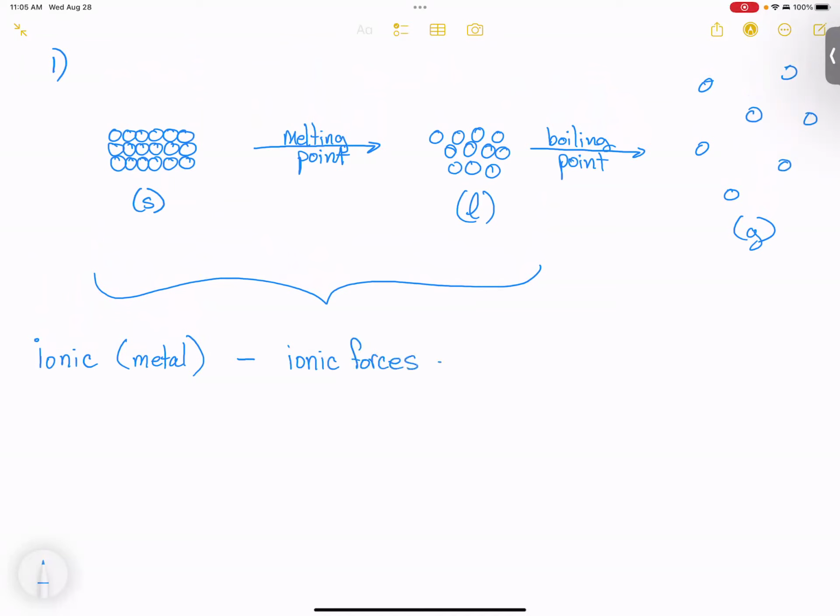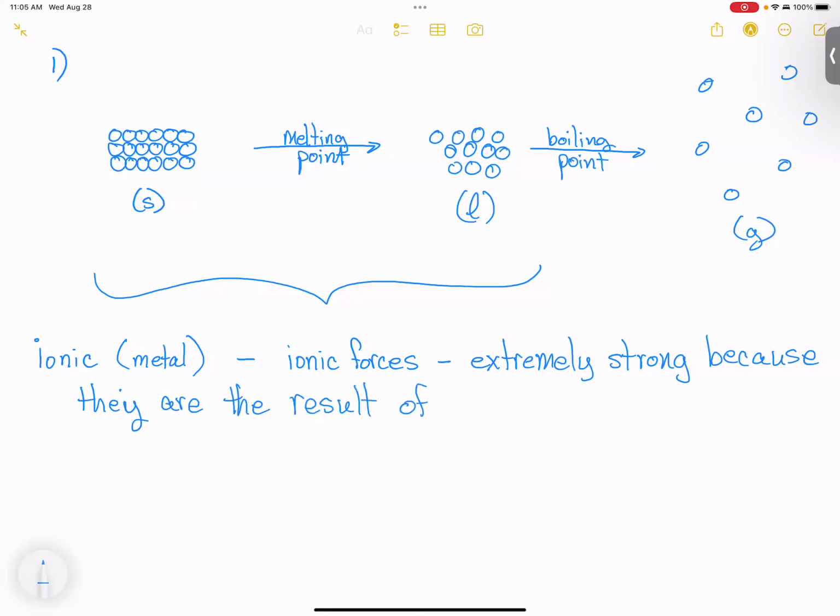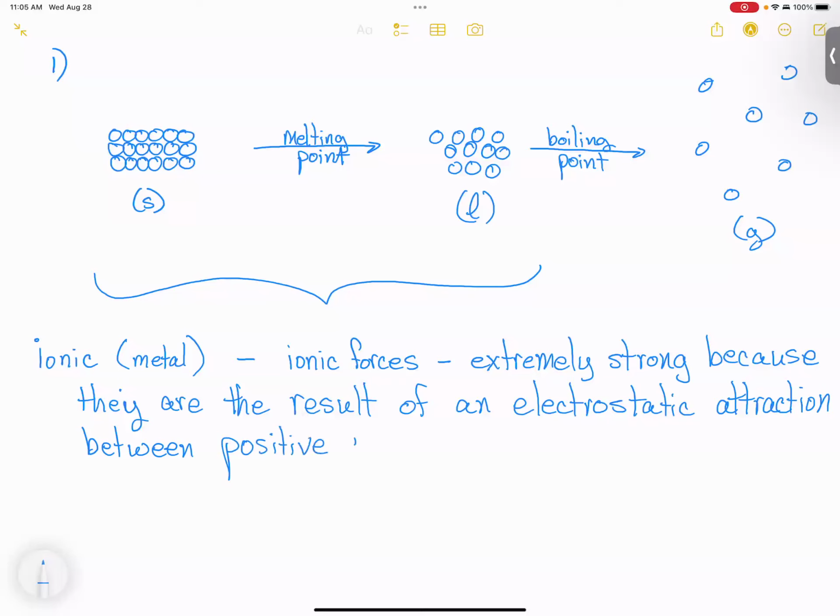These are extremely strong forces because they're the electrostatic attraction between the positive cation and the negative anion.